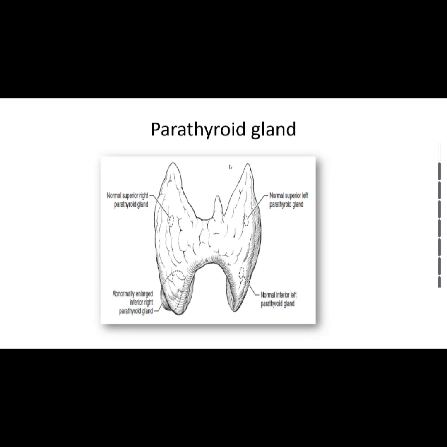It's able to control this. If there is little calcium within the blood, usually production of parathyroid hormone is increased. That leads to absorption, for example, of more calcium within the gastrointestinal system. It leads to retention of calcium by the kidneys.